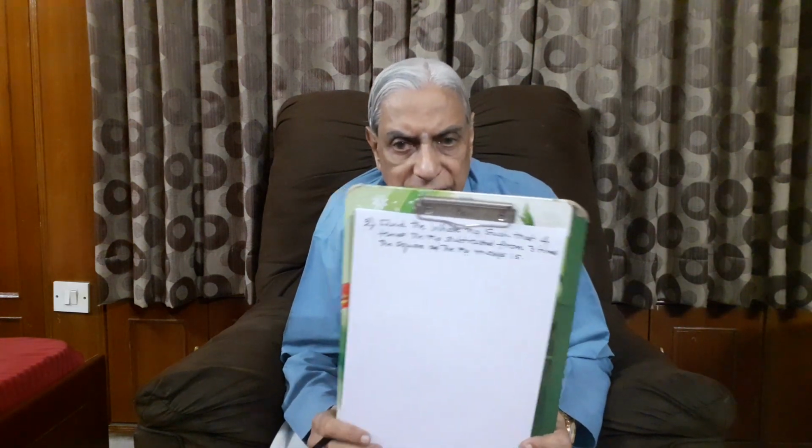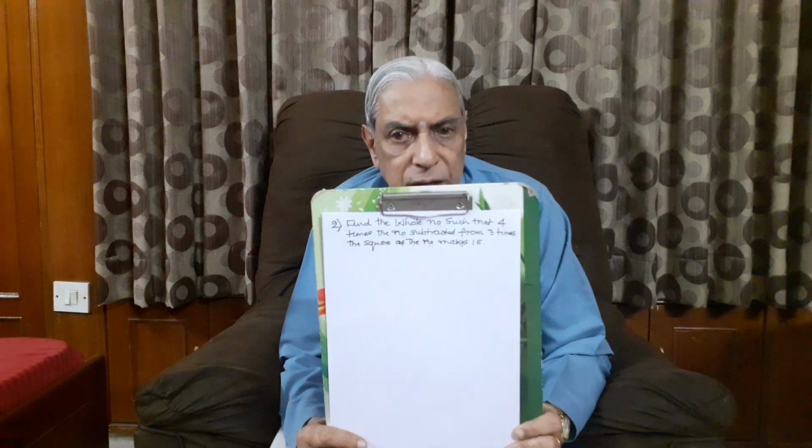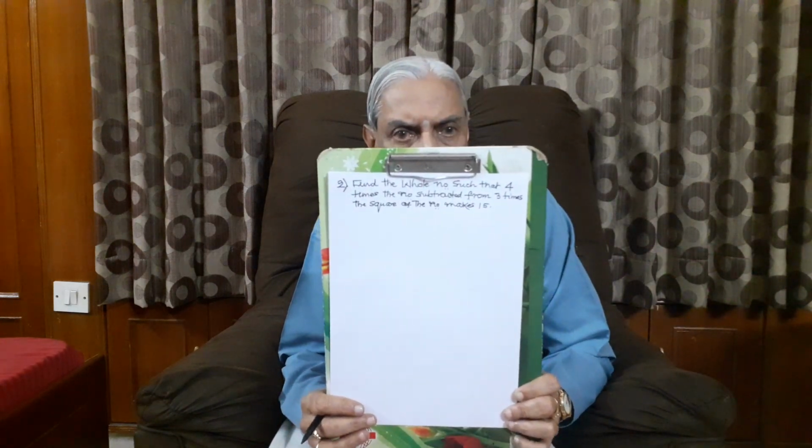Once again, I read the problem. Look into your books there. Find the whole number such that 4 times the number subtracted from 3 times the square of the number makes how much? 15. Okay. Here we have to find out only one number.